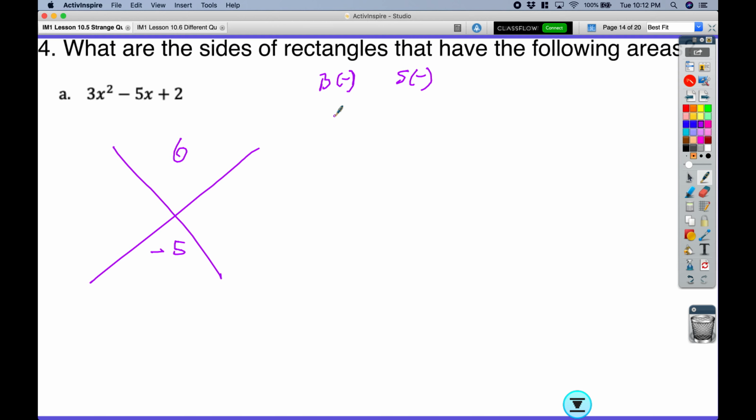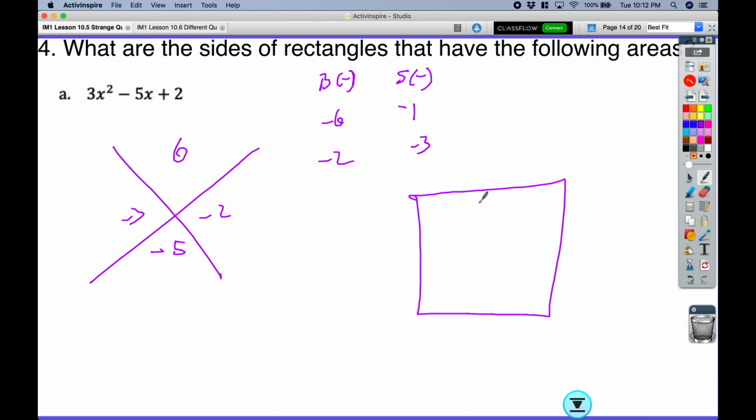So here when I look at 6, I just got 6 and 1, and negative 2 and negative 3, and you're like, oh, here we go. That's my values right there. So we're going to go ahead and put those in my box. So here we go is my A value, my C value, and the factors that I have here.